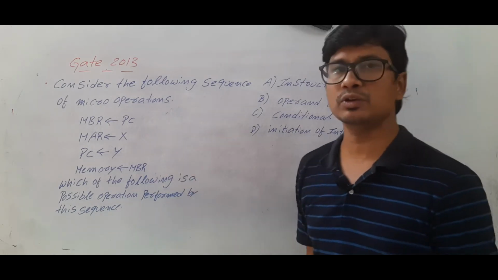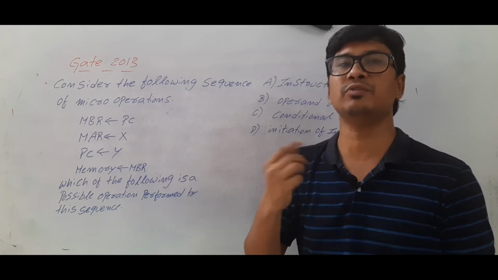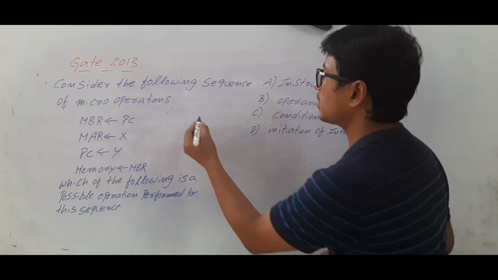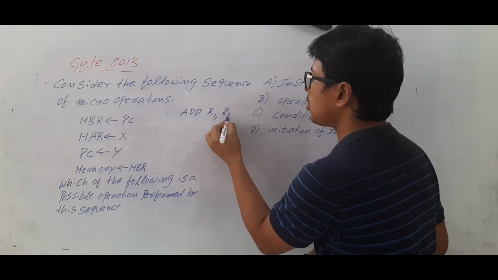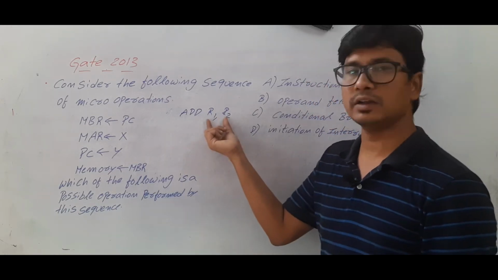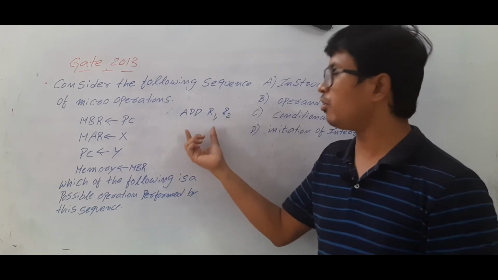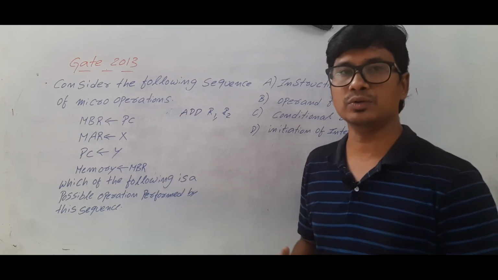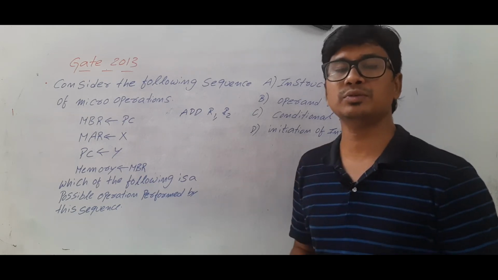I think everyone knows what a micro operation is. Suppose I want to perform the instruction ADD R1, R2. Here the operation I am performing is the addition between the register R1 value and the register R2 value. To perform this instruction, we first have to fetch the instruction, decode the instruction, execute the instruction, and write back.